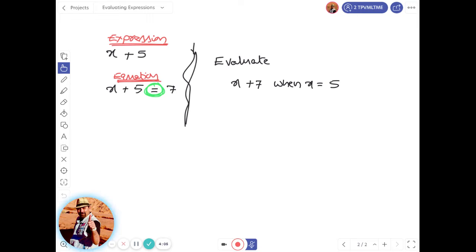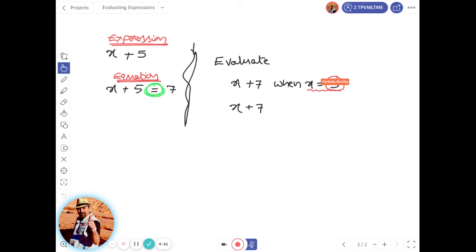So what you are expected to do is just copy the expression. So just x plus 7 is copied. And here x equals 5 is given.